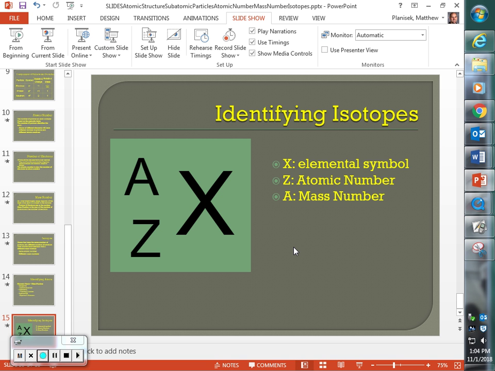Don't yell at me, I'm not the one who decided that Z should represent a word that starts with A, and A should represent a word that starts with something else. That wasn't me, don't yell at me. Okay. So A represents the mass number, but Z represents the atomic number. So a combination of a symbol and two numbers can also represent that atom.